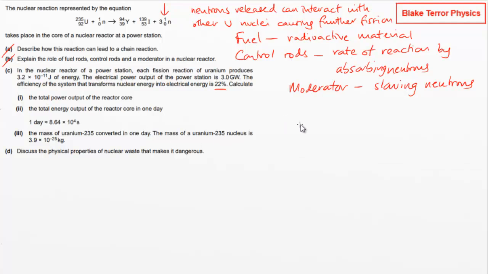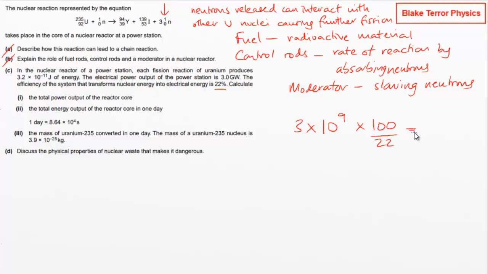So the total power output, if we've got 3 gigawatts, is being output in electrical power. So that's 3 times 10 to the 9. But that's only 22% of the whole thing. So we're going to have to multiply by 100 over 22 in order to get the total produced by the reactor core.